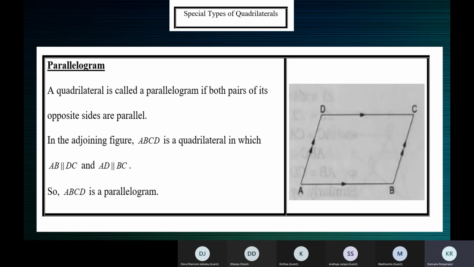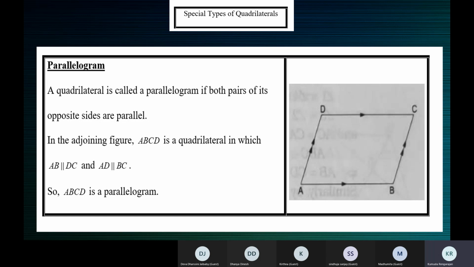Just say angle A, angle B, angle C, angle D. Angle B and C are adjacent angles, ma'am. No, BC and DC are the sides. Don't mix up the sides and angles. The property is adjacent angles.